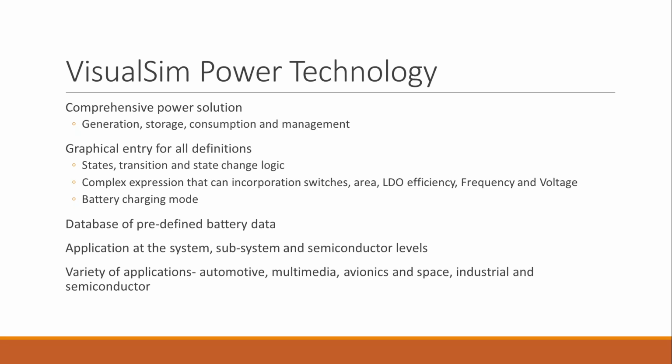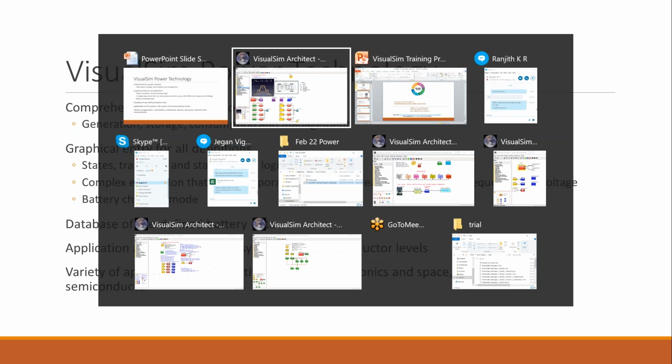There's a photovoltaic cell with a battery and all the different devices in my system, subsystems, and then the scheduler. We also have something more at the chip level, where I've got PLL, clock, different states, and then the battery and an LDO. So you can see it can be incorporated at any level in the system exploration process.